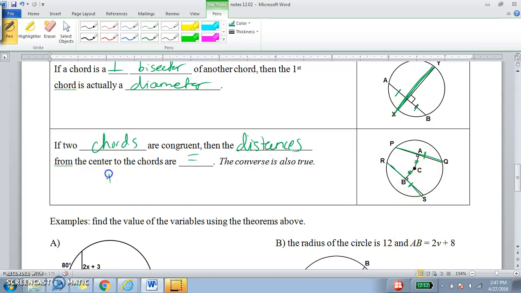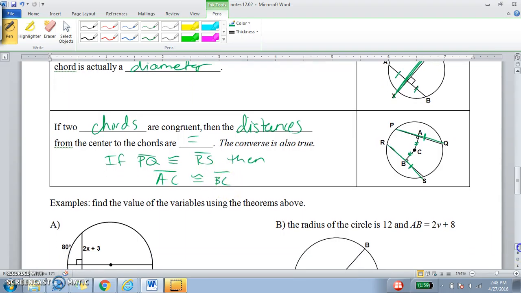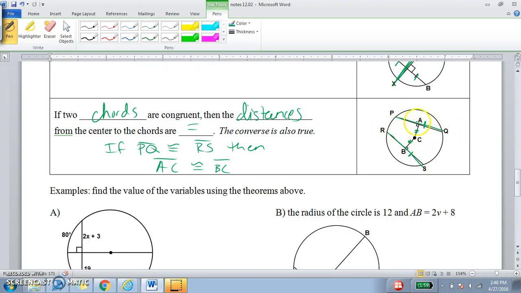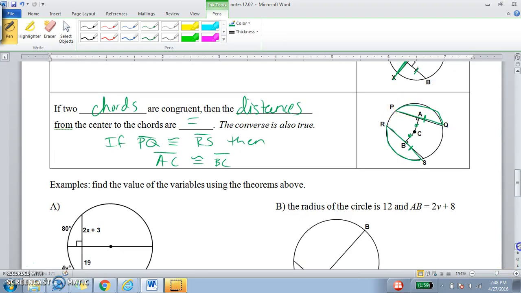So if PQ is congruent to RS, then AC is congruent to BC. All right, so if two chords are the same, then they're equally distant from the center. And also remember from the first one that these arcs are then also congruent.